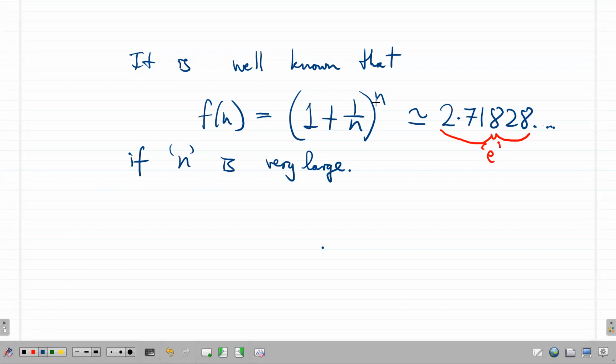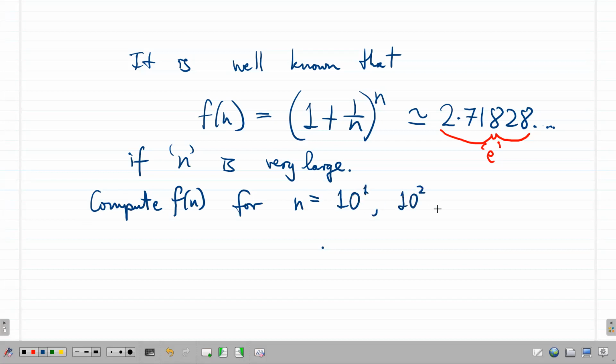So as an exercise, let's compute f of n for various values of n. Let's compute f of n for, I don't know, n equals 10 to the 1, 10 squared, then increase to 10 to the 10, and maybe lucky last, 10 to the 100.